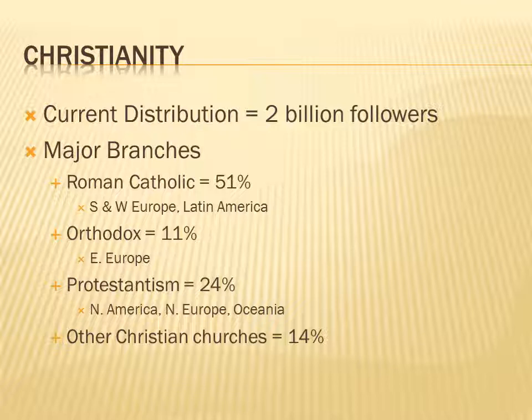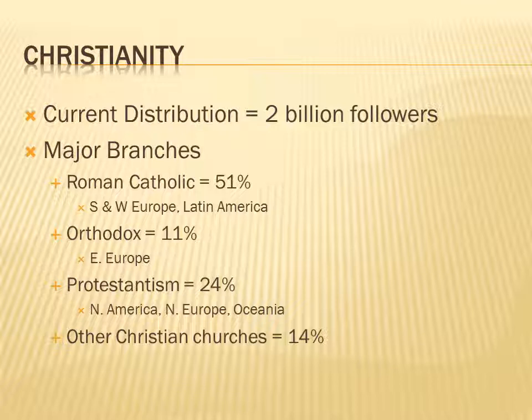And so they agree with Roman Catholicism on the sacraments and the traditional take of the Bible, but not the interpretation of the Bible by the Pope. That's not something that Orthodox Christians are going to agree with. That's a difference. About 11% of the world's Christians identify with Orthodox Christianity, and it's largely in Eastern Europe and into Russia.